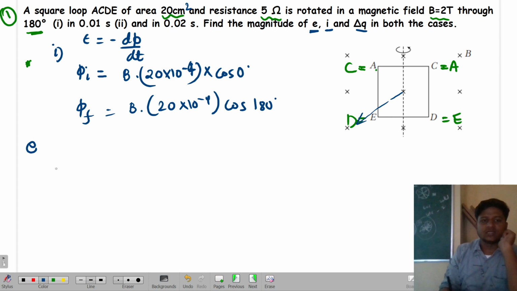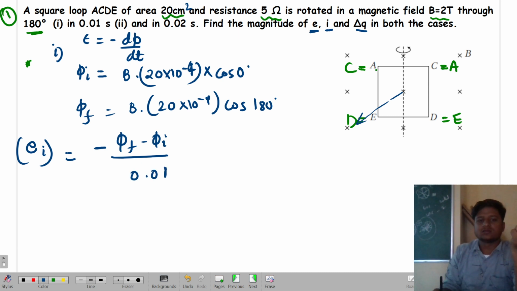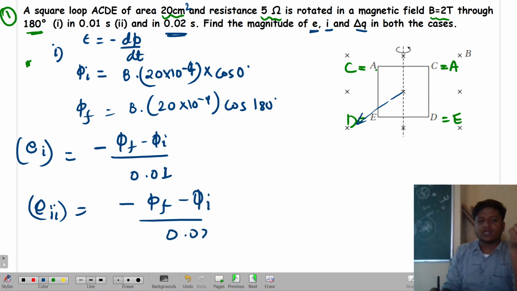EMF in the first case, when the particular loop is being rotated in 0.01 second, will be minus of phi final minus phi initial divided by 0.01. EMF in the second case, in which time taken to rotate is 0.02, will be minus of phi final minus phi initial divided by 0.02.